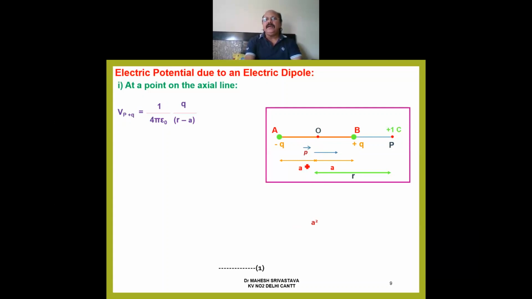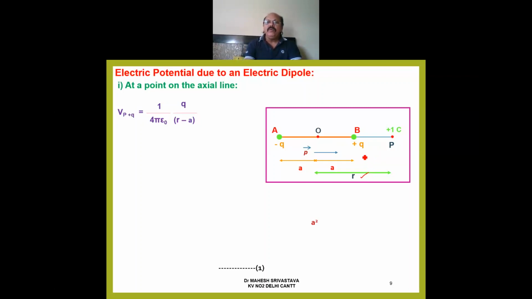So from the center, the distance is a and a. Let P be a point on the axial line at which we are placing a unit positive test charge. At this point P, on the axial line of the electric dipole, we have to determine electric potential. From the center O, the point P is at distance small r.